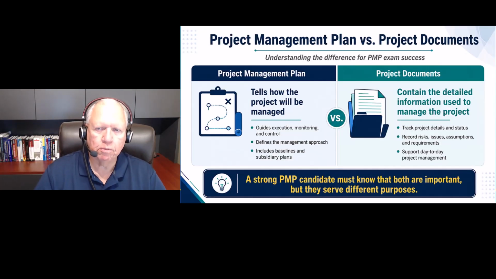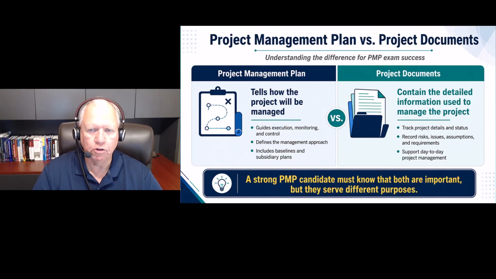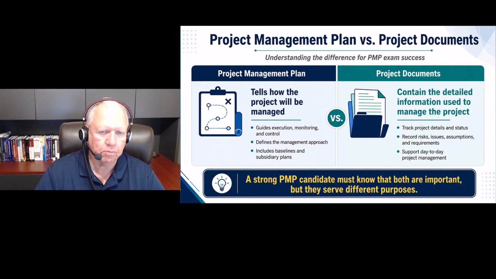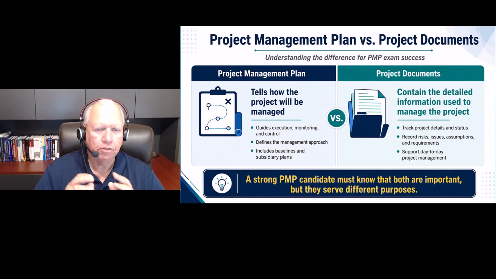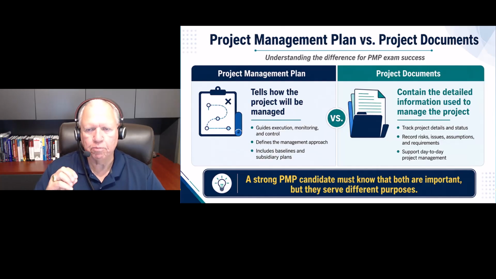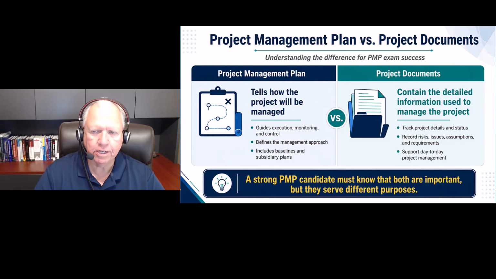So, project management plan versus the project documents. You need to understand the difference. The project management plan tells how the project will be managed. It's going to guide execution, monitoring, and control. It's going to define the management approach. It's going to include the baselines and the subsidiary plans. The project documents contain the detailed information used to manage the project.